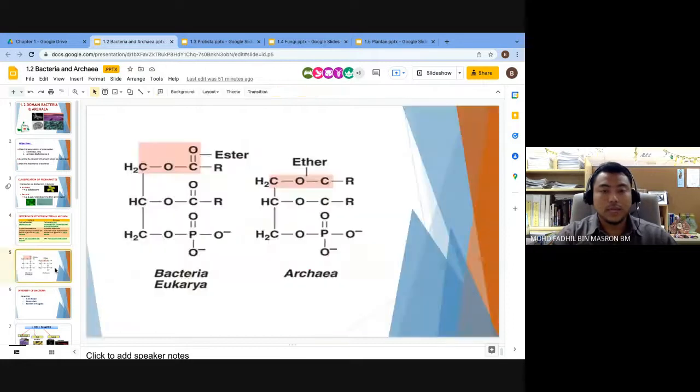We are going to look at it here. Between the hydrocarbon chain of bacteria and the glycerol, they are linked by ester linkage, whereas for archaea, it is linked by ether linkage. So what's the difference? This C double bond O is not present in archaea. So it's a totally different component. That's why they say, oh, tak boleh jadi.